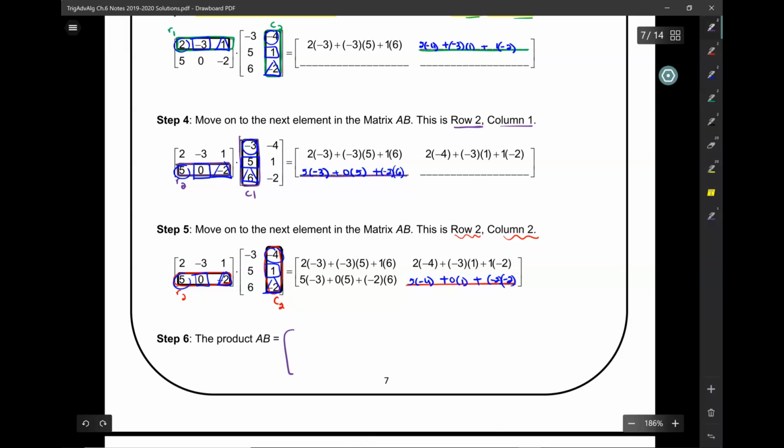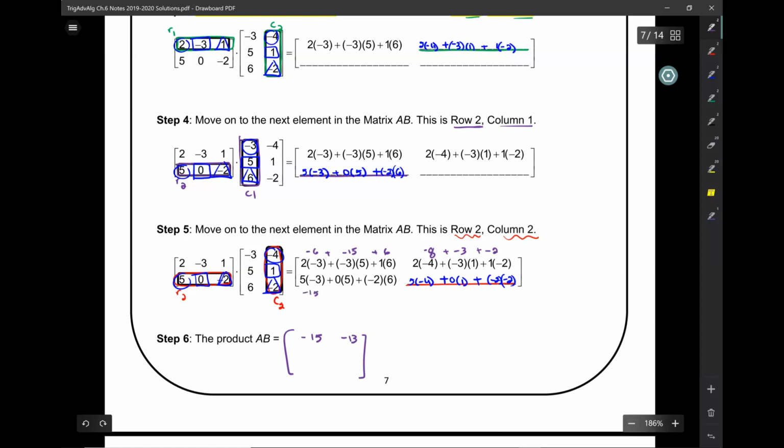Okay, so here I have negative 6 plus negative 15 plus 6. Altogether, that's negative 15. And then the next one, I have negative 8 plus negative 3 plus negative 2. All together, that's negative 13.